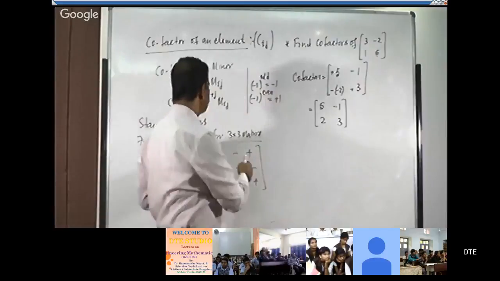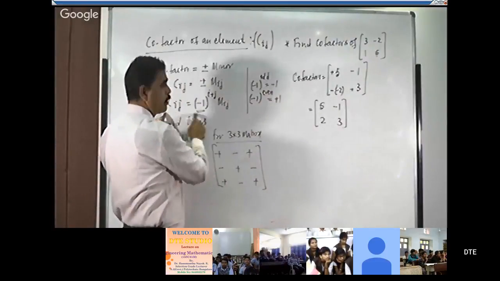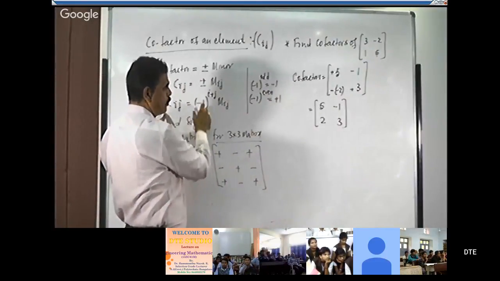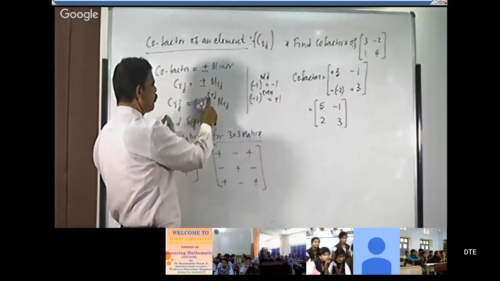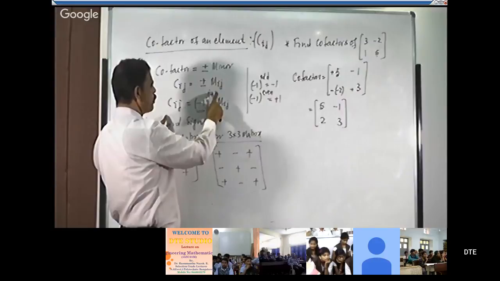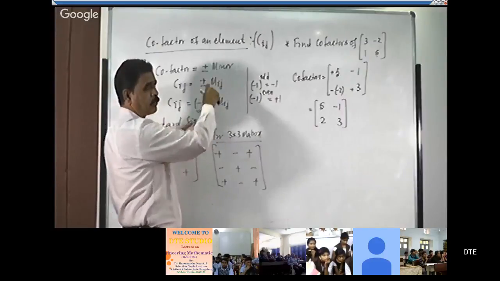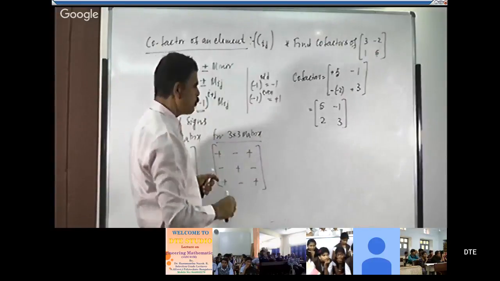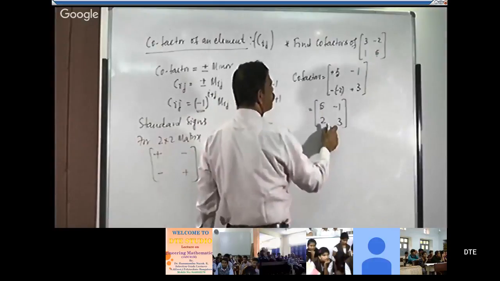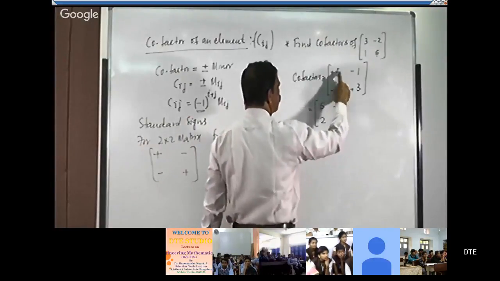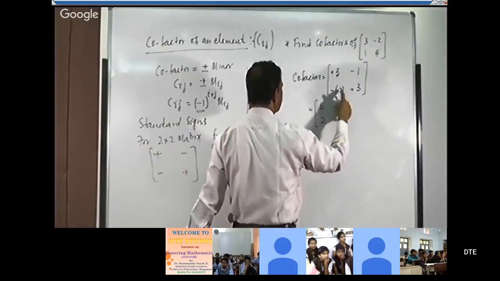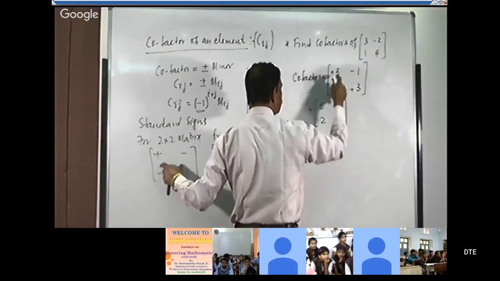Otherwise, you can use this formula to write the cofactor. You write minus 1 to the power of the corresponding row and corresponding column, then it has to be simplified. In a simple way, you follow this to get the cofactor of an element. First write the standard symbols, plus, minus, minus, plus, then write the minor.